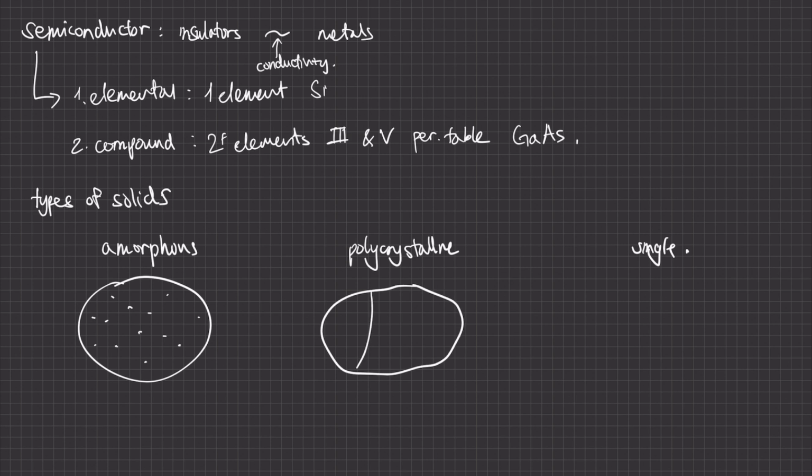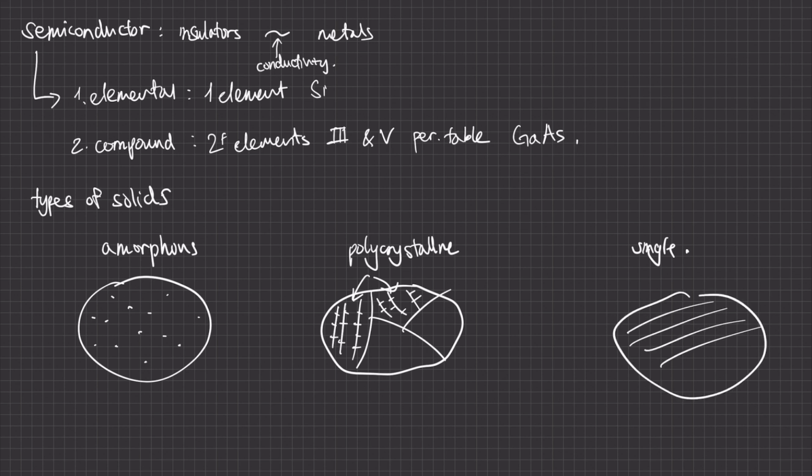Polycrystalline is divided into several regions in which atoms are aligned like this, but they are not aligned between regions. So for this one and this one, they are not really aligned. And for single crystal, the entire chunk is aligned atoms, like that. So these are the three types of solids.